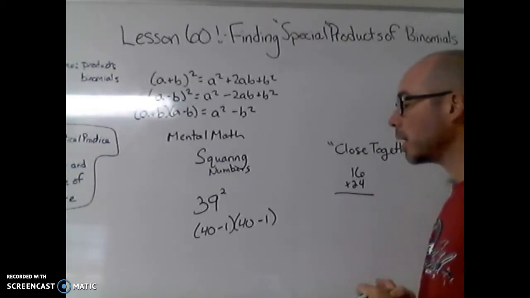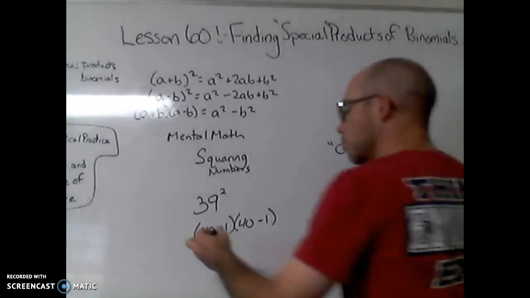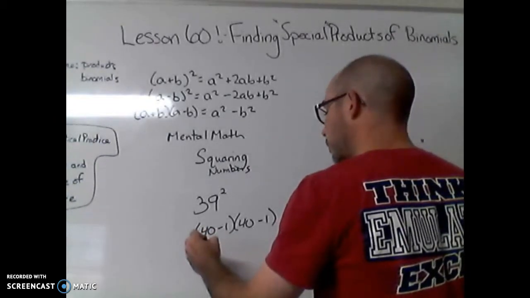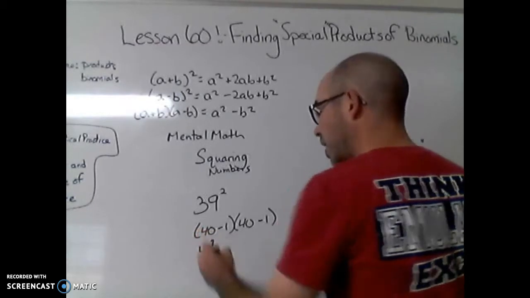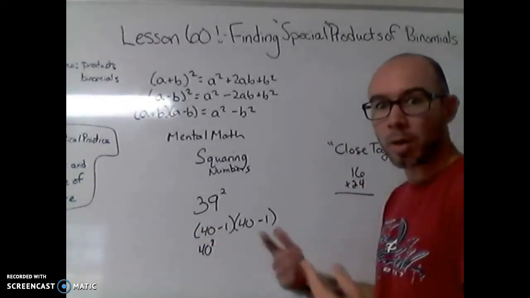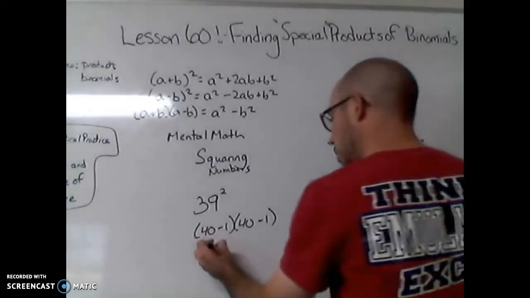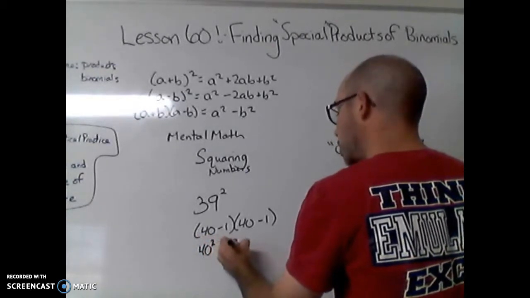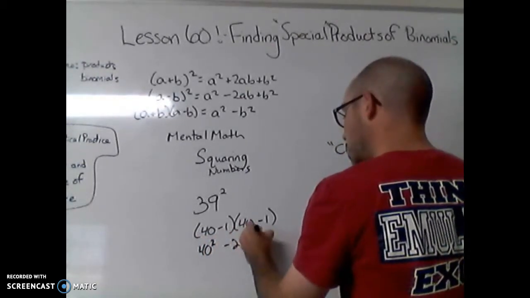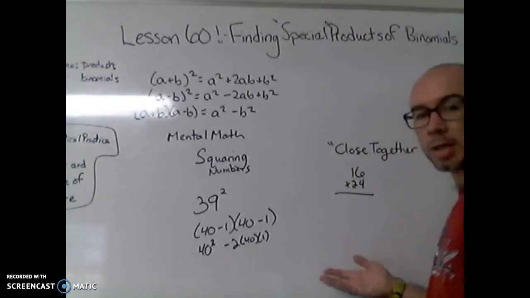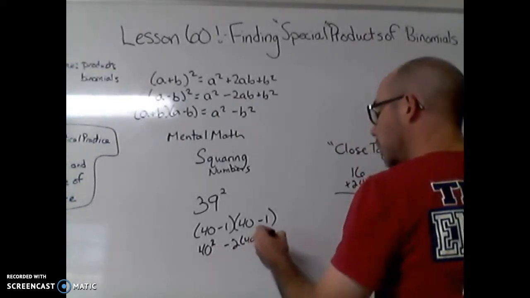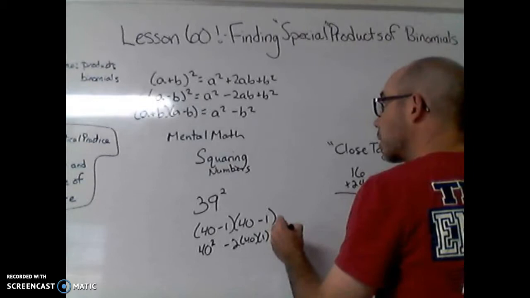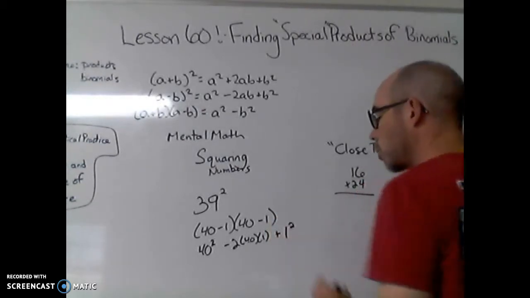So I can apply that one pretty quickly to (40 minus 1) times (40 minus 1). And I know that my answer is going to be a squared, which is 40 squared, which I can do. It's just 4 squared with a couple of zeros on the end of it. Then minus 2 times 40 times 1, and times 1 is not hard. And then add on to that a 1 squared.